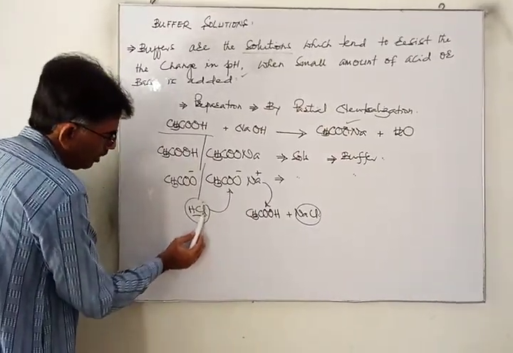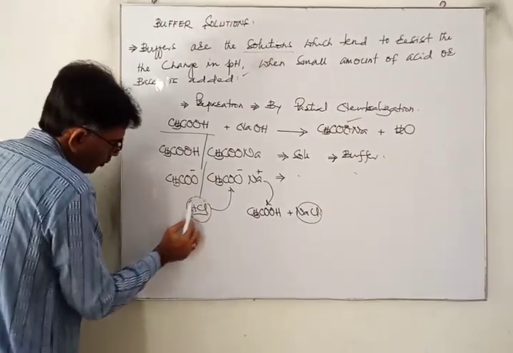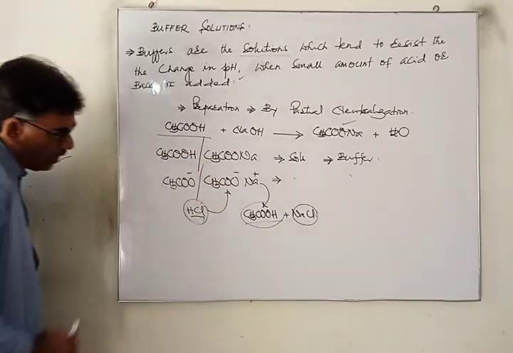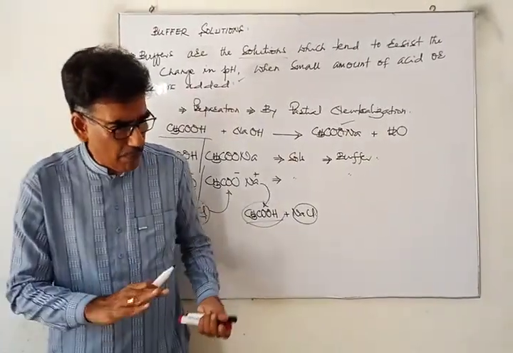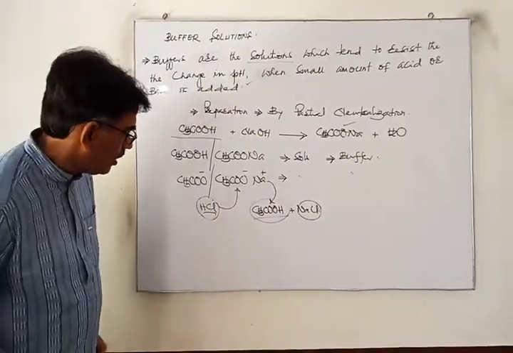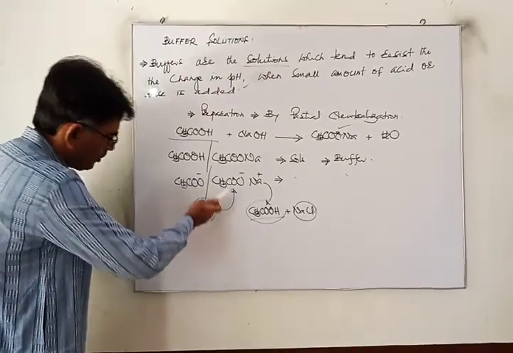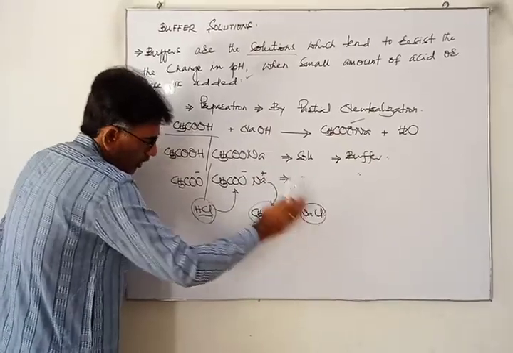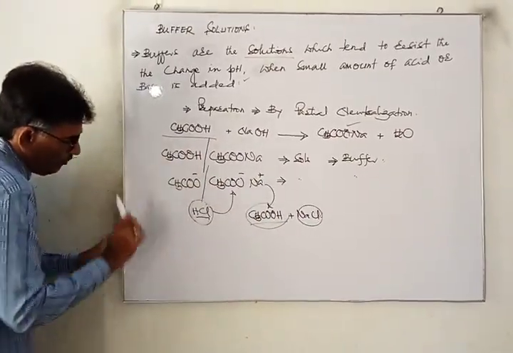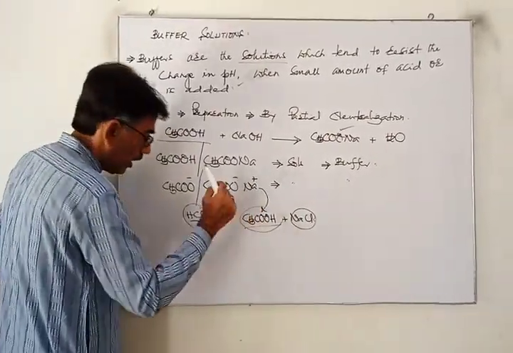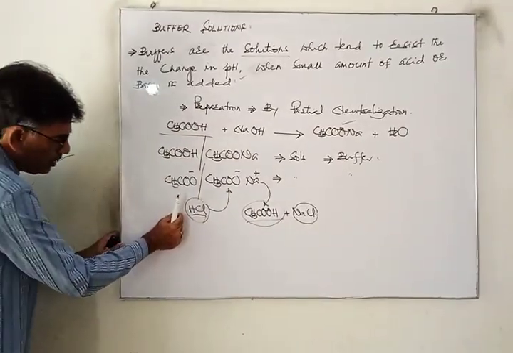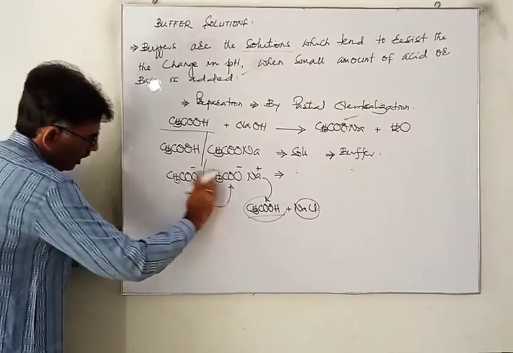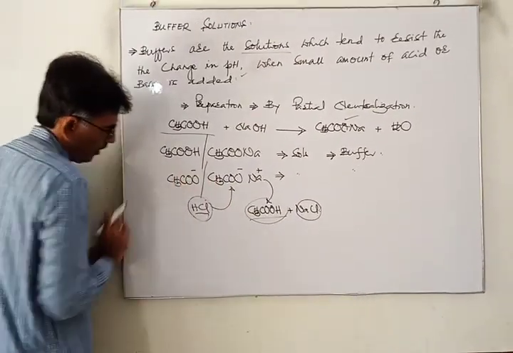By converting your strong acid into a weak acid, and you know the degree of its ionization is less than 1.5 percent. So if we have a change in the character of the buffer in terms of pH, you can find only a little change when hydrochloric acid is added to it. So that is the working of your buffer.